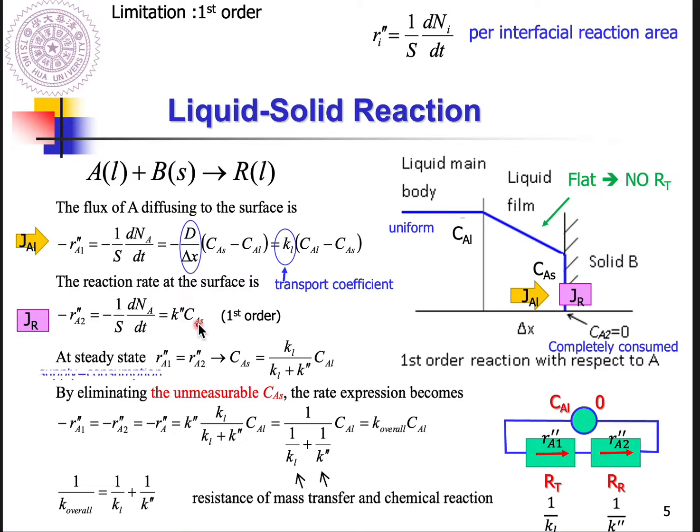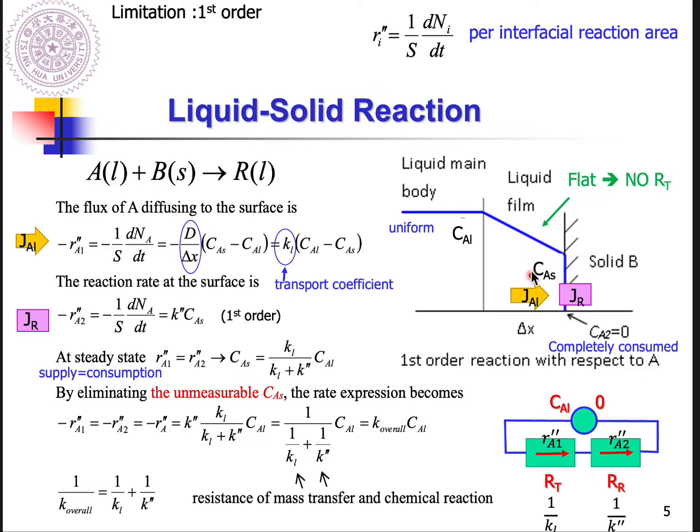When it reaches steady state, the supply of reactant A will be equal to the consumption of reactant A. Because this equals this, you can get CAS as a function of CAL. Why do we do this? Because it is very difficult to get a rate equation expressed as a function of CAS, the concentration of reactant A at the surface of the solid bead.